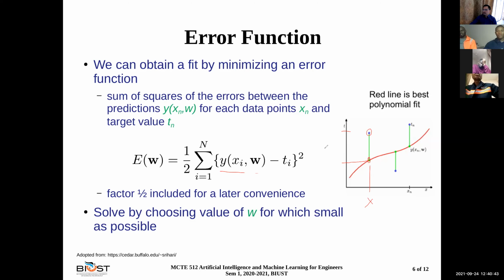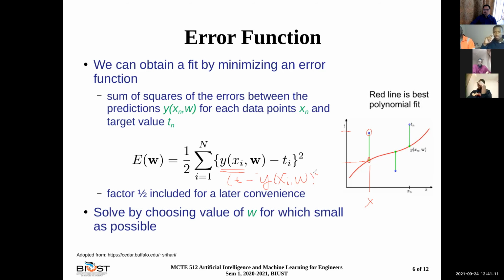Could it be t minus y of x_i, w? Could we square it? Yes, we can.